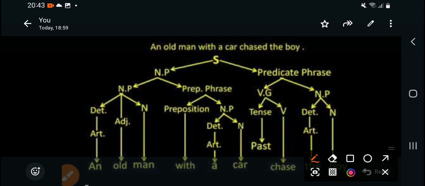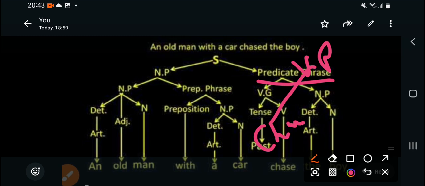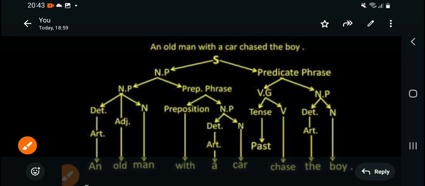This predicate phrase could have been written like this, verb phrase, and drop the verb, that is chase, right? Chase, and then the boy, that is again a noun phrase, and noun phrase is article the and boy. This way also we can do. But yes, here they have VG.